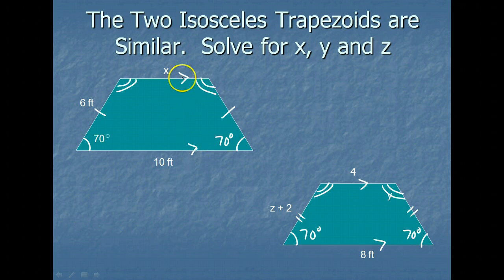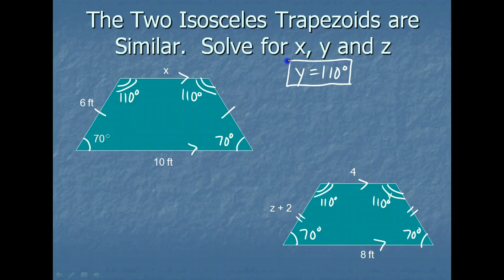And our lines are parallel, which means that our consecutive interior angles between 2 parallel lines will be supplementary. So both of these angles will be 110. So y is 110 degrees big.